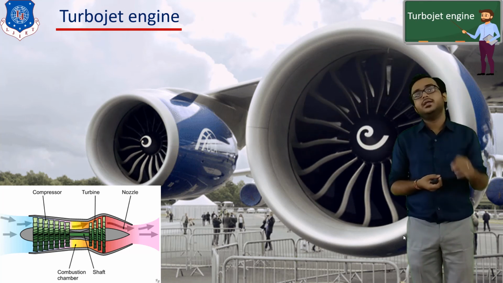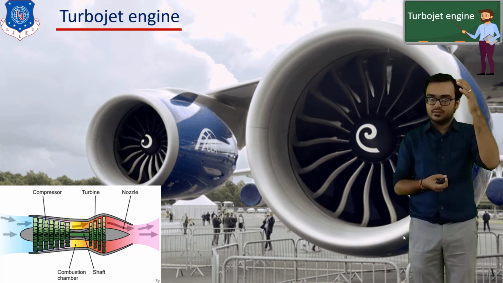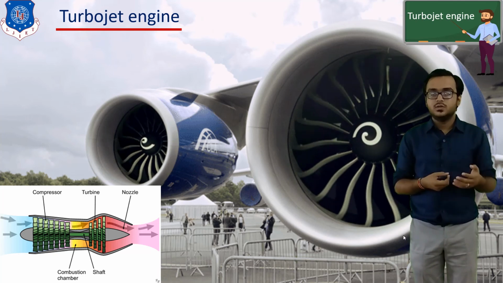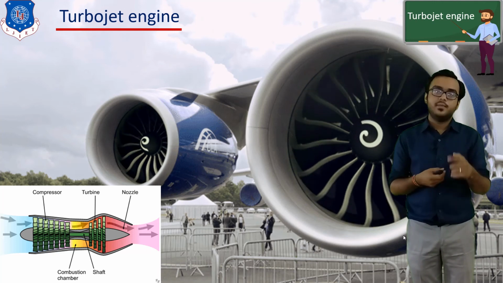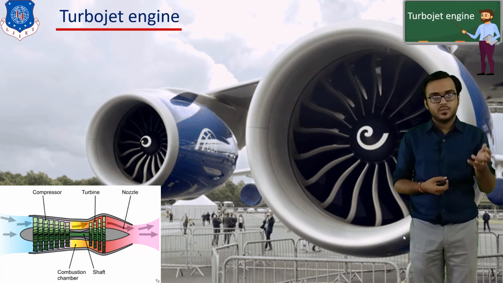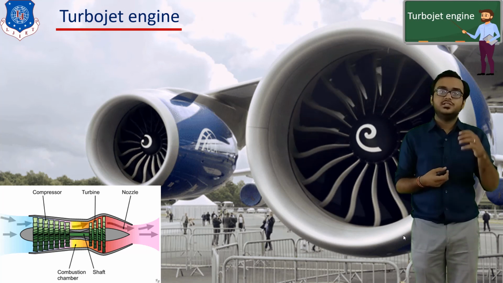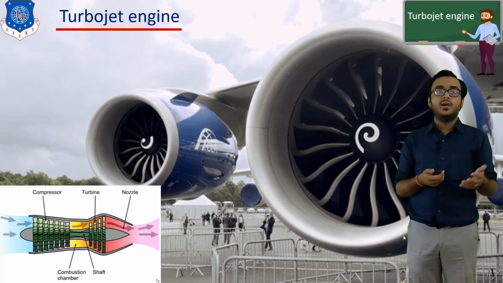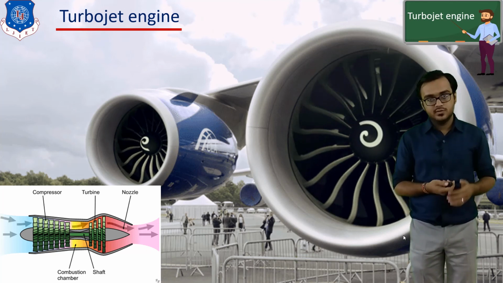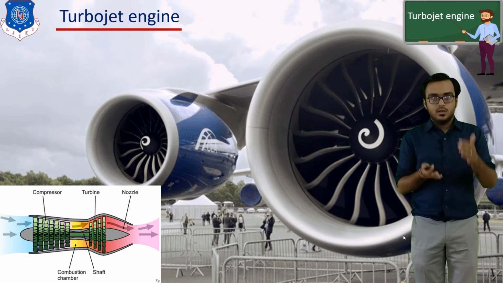The product of the combustion generated from the mixing of the fuel and the air is supplied to the turbine. In the turbine, as these gases flow, their pressure and temperature reduce so that it produces turbine work. This turbine work is used to drive the compressor, and the rest of the gases leaving the turbine are thrown to the atmosphere via a nozzle situated at the back of the engine.